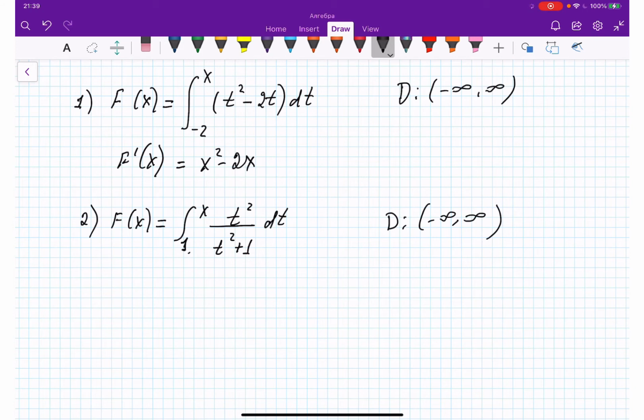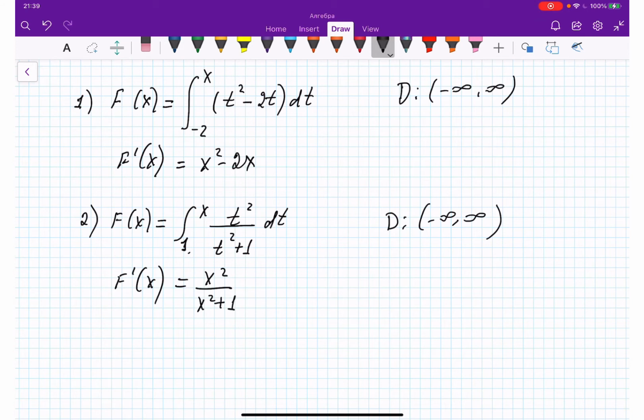Therefore, we can apply the second fundamental theorem, which says if you have a continuous function on the open interval, then the derivative is going to be equal to the original integrand, and replace t with your x. And here we're going to have x squared over x squared plus 1.